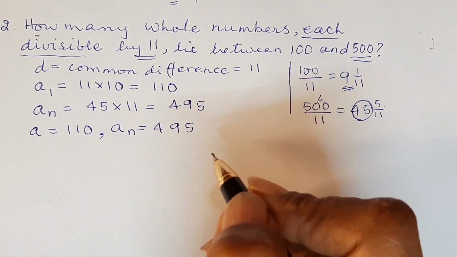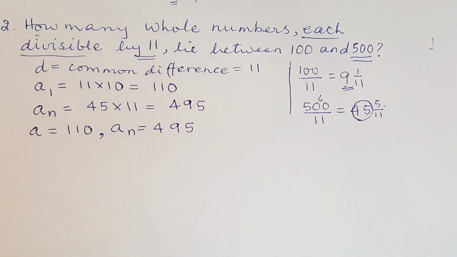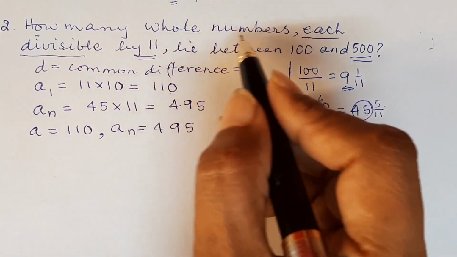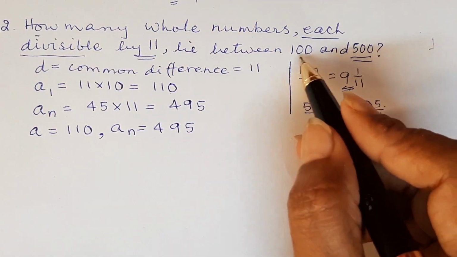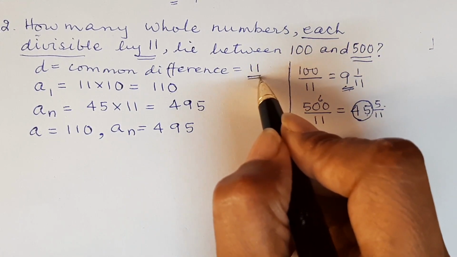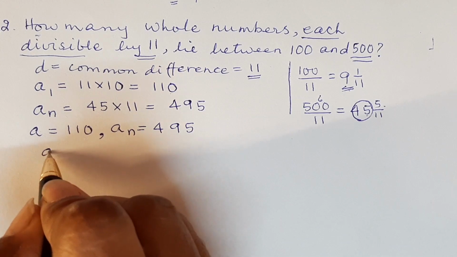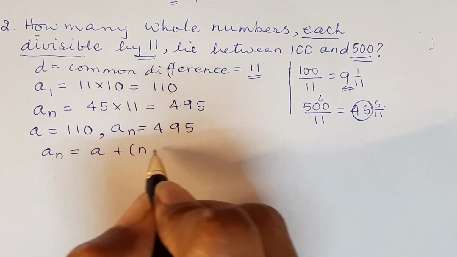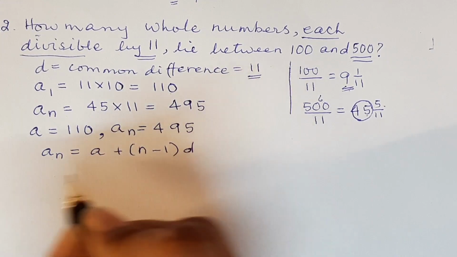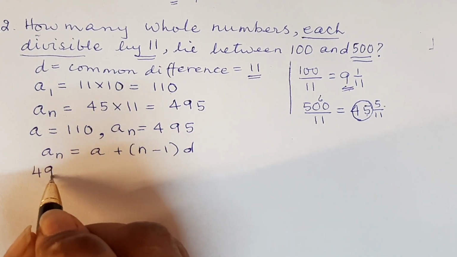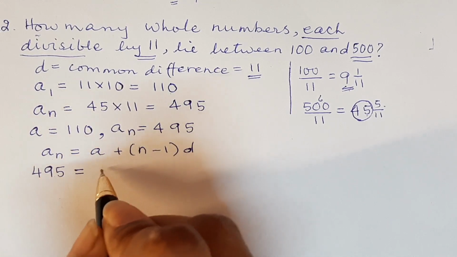495. And so we have to find the value of n in order to get how many whole numbers are there between 100 and 500. We already know the common difference. So all we do is use the formula AN is equal to A plus n minus 1 into D. And for AN we will write 495 because that is the last term of this series.